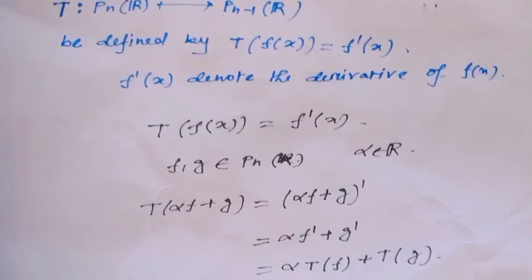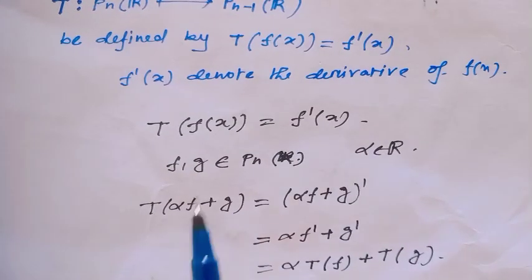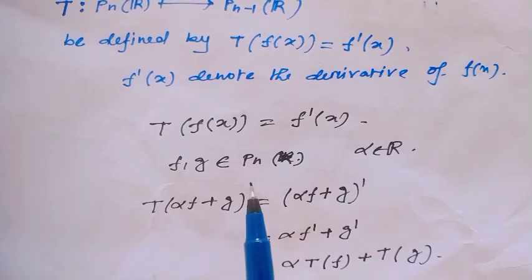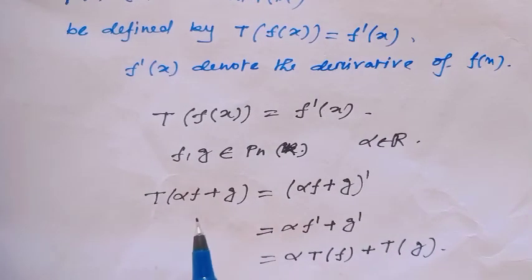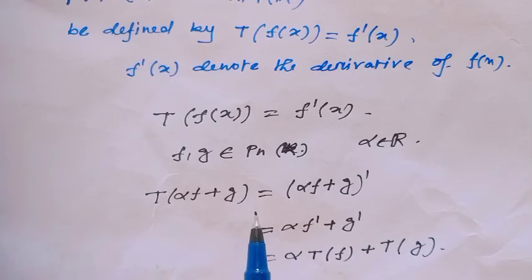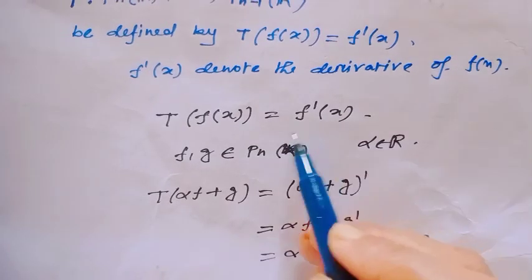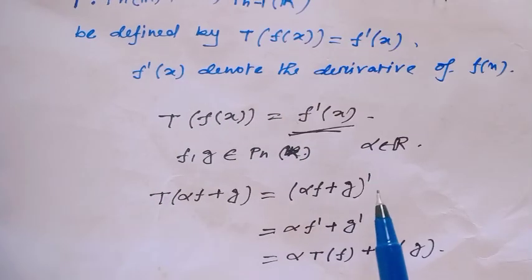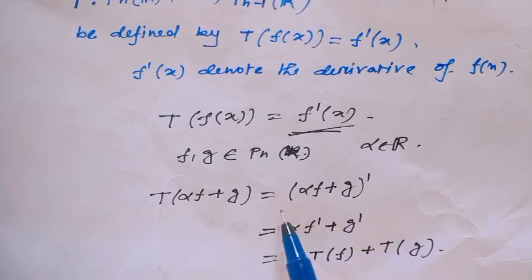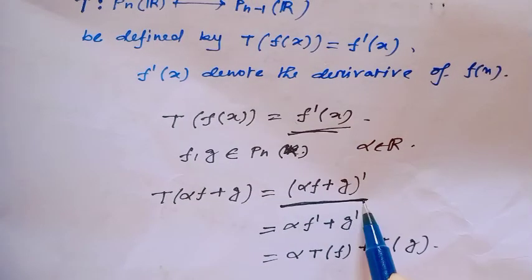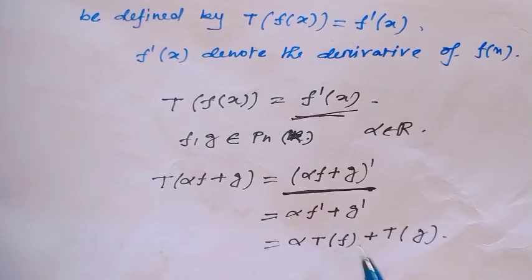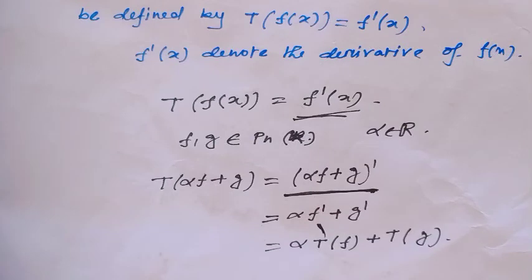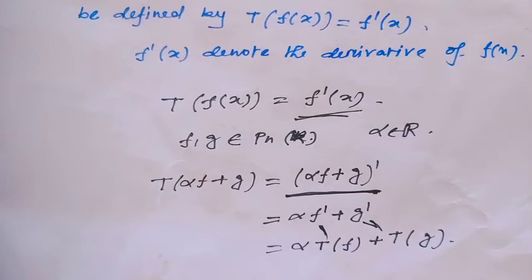And to prove linear transformation, consider two polynomials f, g belonging to Pn(R). Then T of alpha f plus g would be, by the defined mapping, (alpha f plus g) prime, and by the property of differentiation this would be alpha times f prime plus g prime, and f prime means T of f and g prime means T of g.